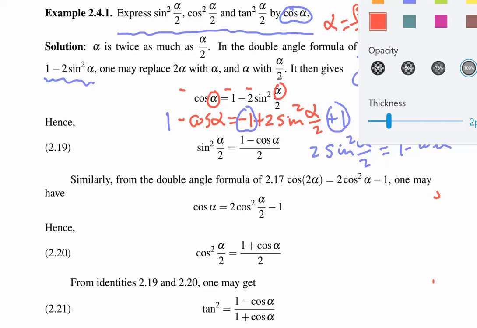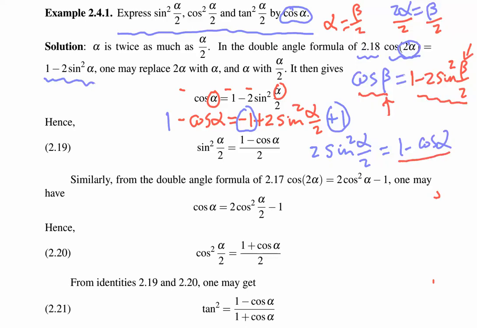One more step and we are done. If you divide everywhere by 2, and then cancel this one, on the left-hand side you have sine alpha over 2 squared, which is the one here. And this is the right-hand side: 1 minus cosine alpha divided by 2 is the one right here.